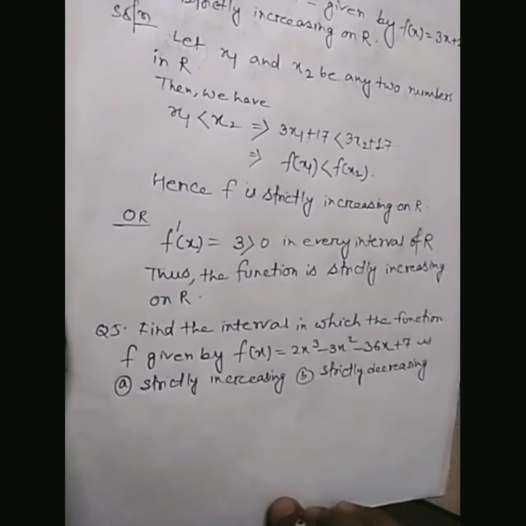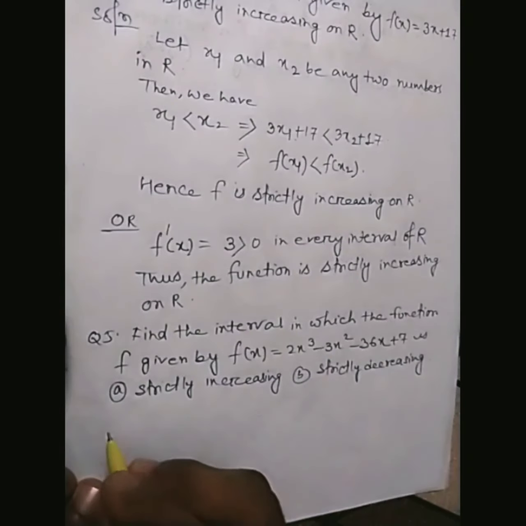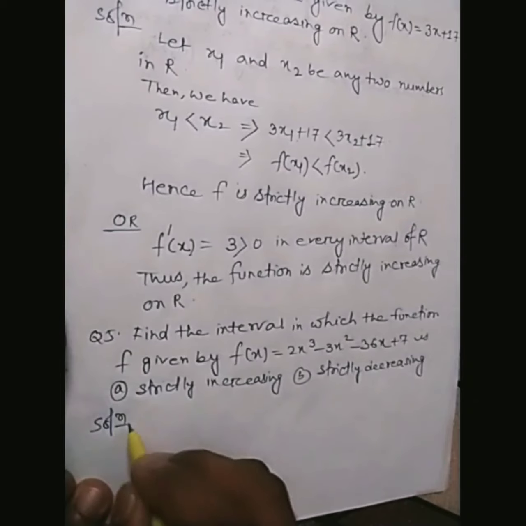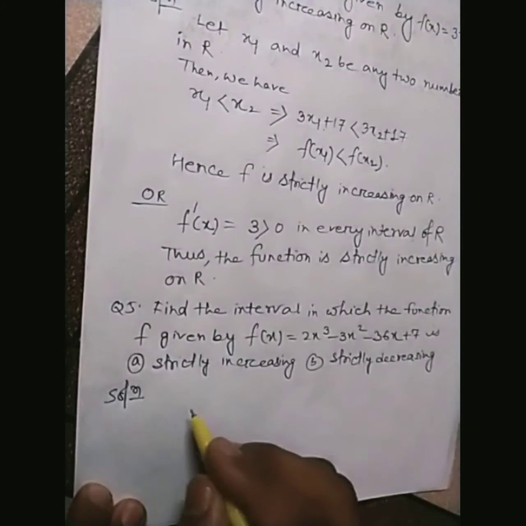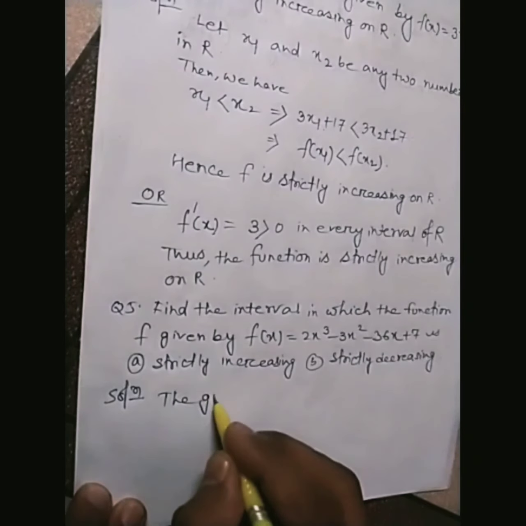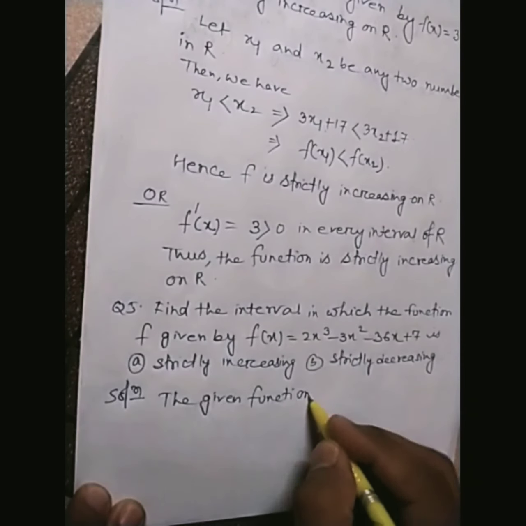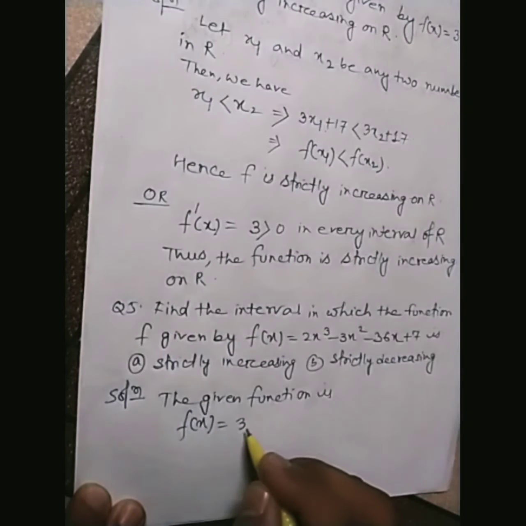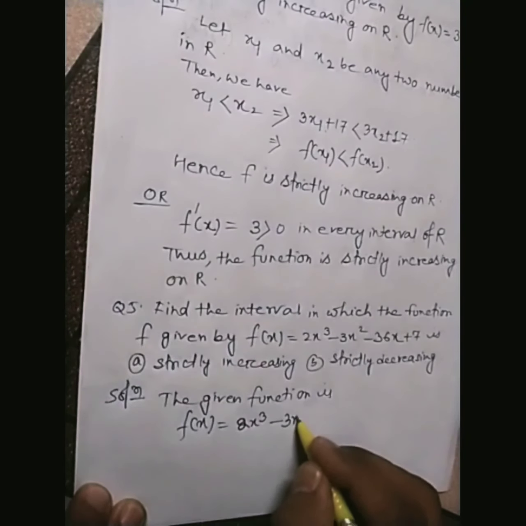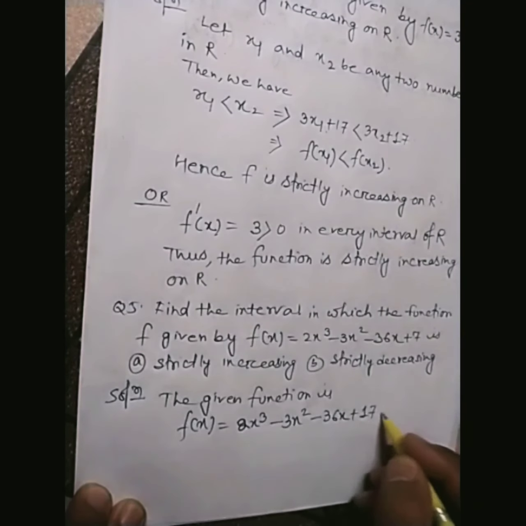Okay, so you will do this solution. See the solution. The given function is f(x) = 2x^3 - 3x^2 - 36x + 17.